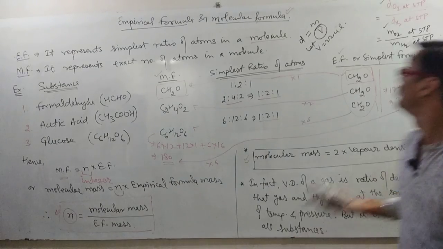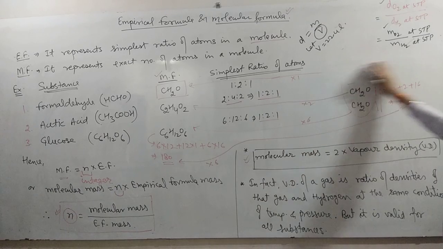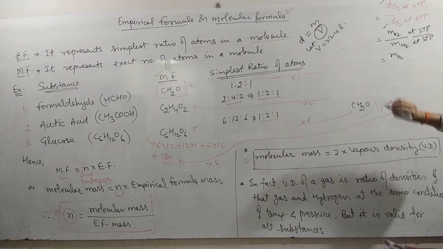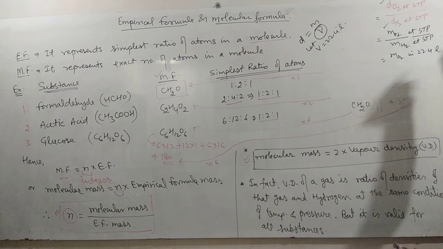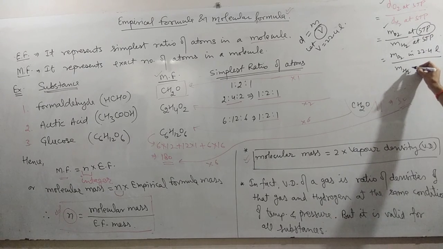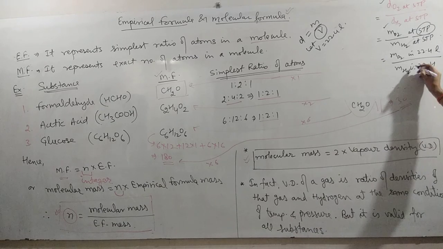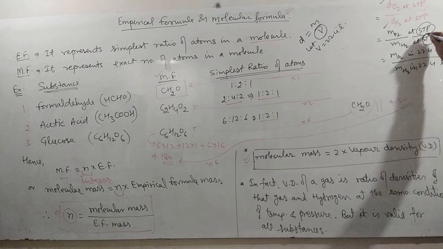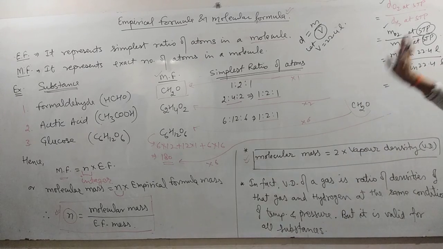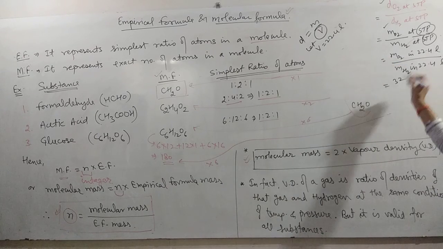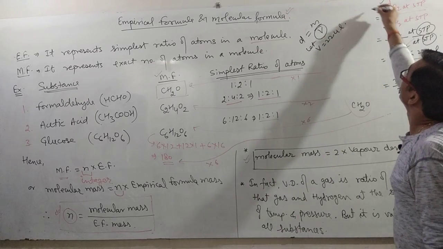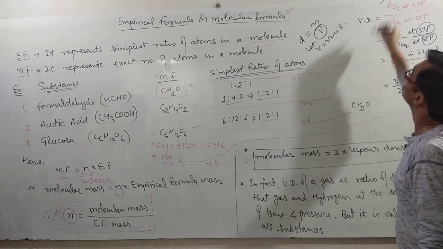Then you all know very well that the mass of O2 in 22.4 liter at STP is the molar mass of O2, and the mass of hydrogen in 22.4 liter at STP is also the molar mass of hydrogen. So the molar mass of oxygen is 32, the molar mass of hydrogen is 2, and here it is the ratio of densities, so it is called vapor density.